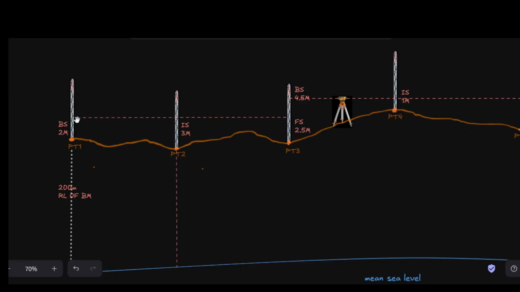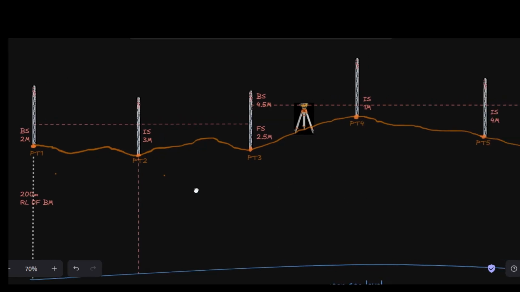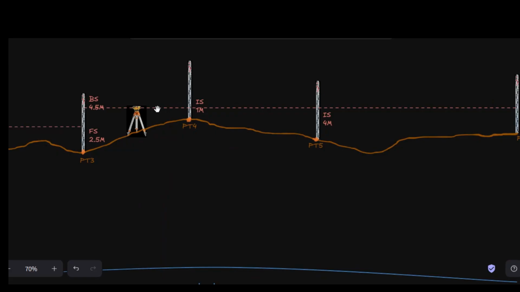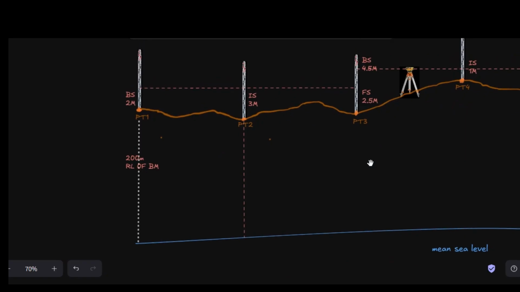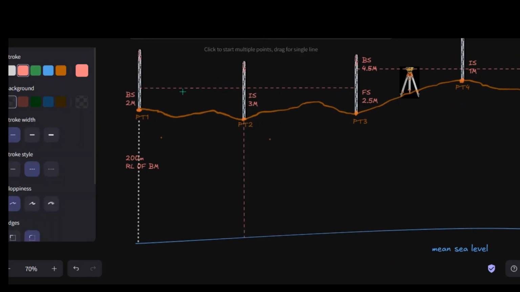Now, the line that runs through this instrument is called the line of sight. The horizontal line here is called the line of sight. This line you're seeing here is called the line of sight. The vertical line from the line of sight to the mean sea level is called the height of the instrument.